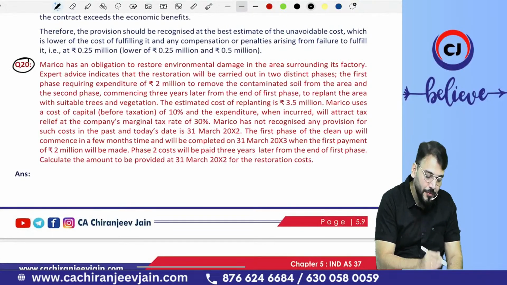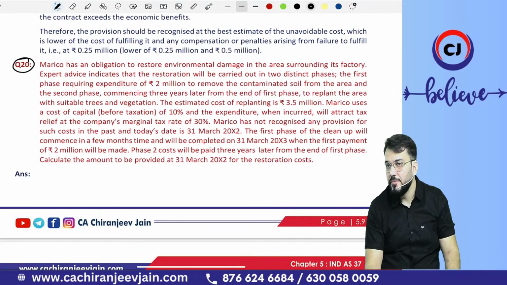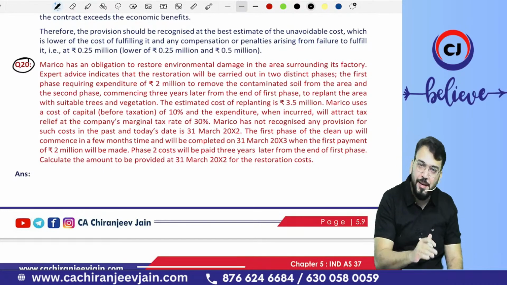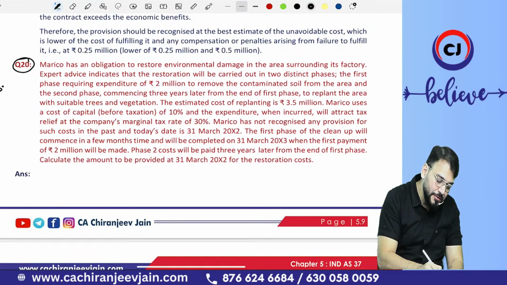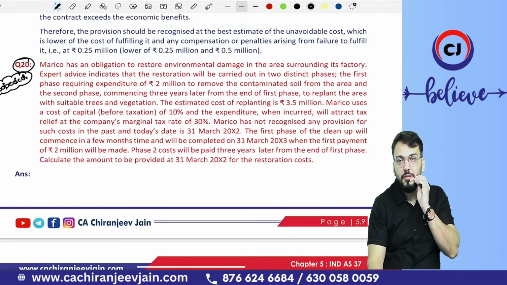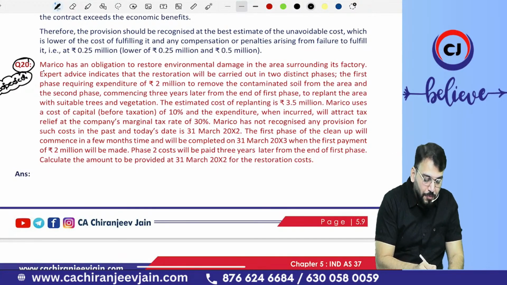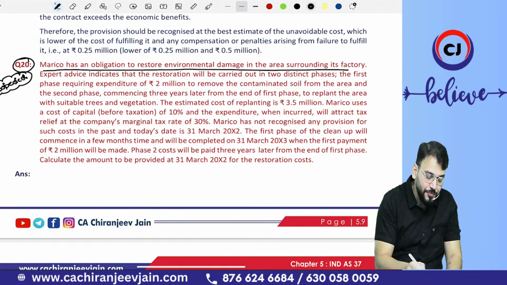Question 20. Till now not asked in exam, expected. Marico has an obligation to restore environmental damage in the area surrounding its factory.